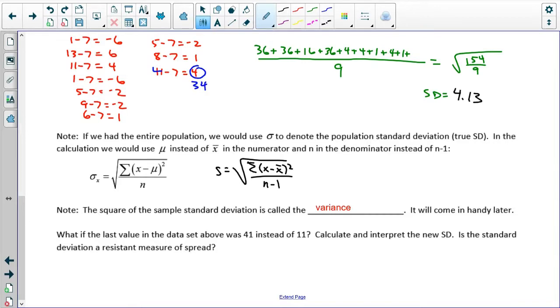And then if we square 34, this number is going to be over 1,000. I mean, more than 1,000, which means that this number is going to go way up. And so an outlier has a very significant effect on the standard deviation. It's not a resistant measure of spread. Just changing that one thing is going to make the standard deviation go way up.